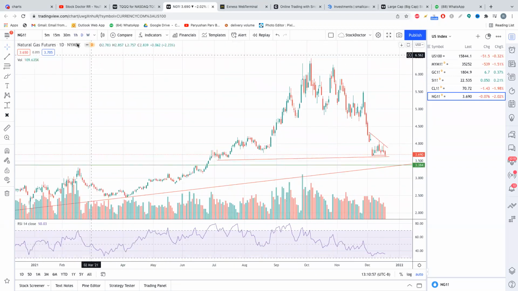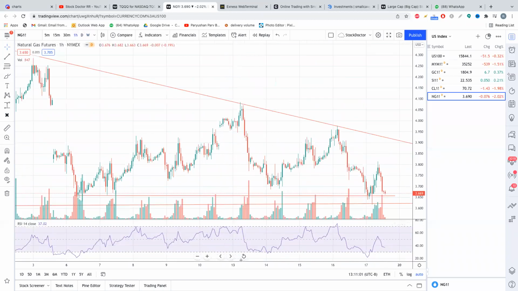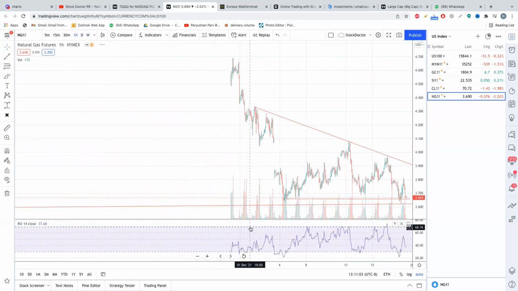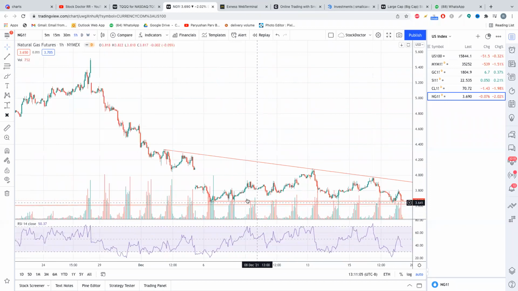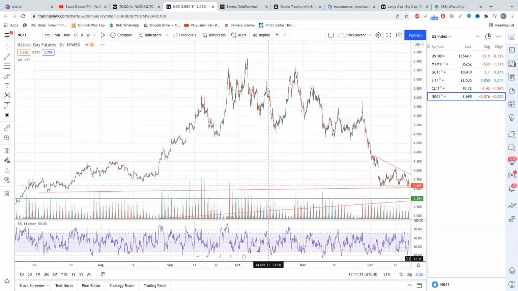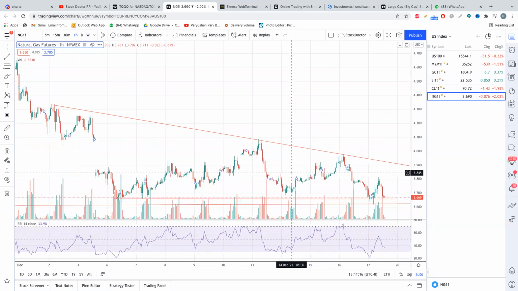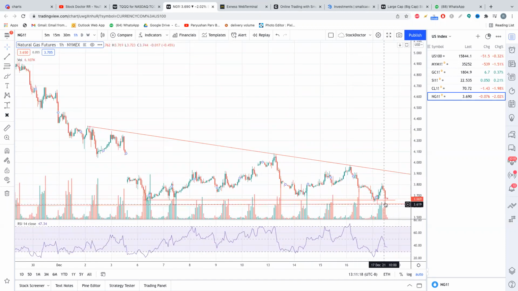Now if we see the hourly time frame for natural gas, you can see multiple times it took support here at 3.65, right? So from this zone, it might give one bounce.